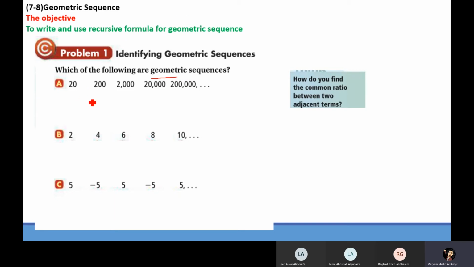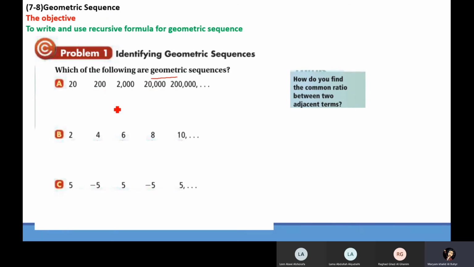In this example, they just mentioned if it's geometric or not geometric. But what I need you to do, girls, is know if the common difference between them is constant by addition or subtraction, that means it's arithmetic. And I will give you an example at the end of the session.